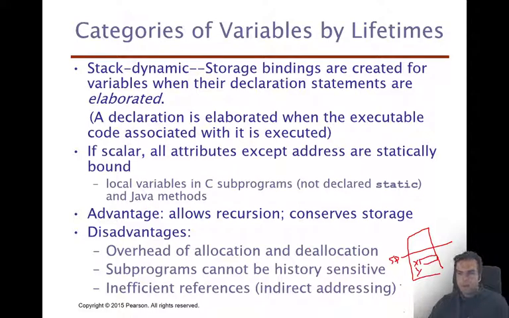It allows recursion because that same variable can exist again at the same offset in a recursive call. So you have another x and another y on the stack in a recursive call. So that's nice, right? The variable lives as long as this function is active, and when the function returns, it gets deallocated, right? And the advantage is you're not using any memory until you make the function call, right?